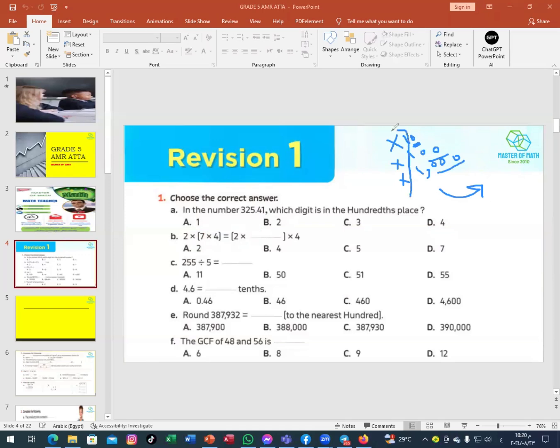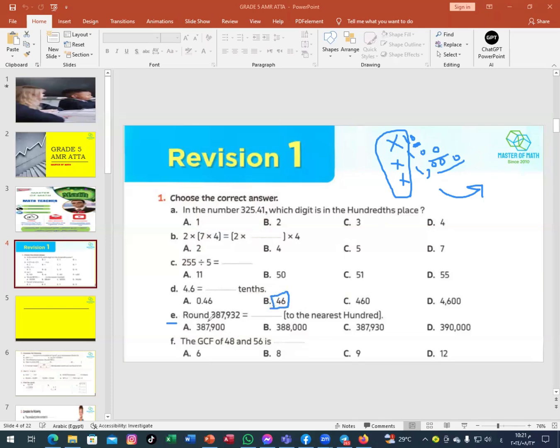This is multiplication. But in division, the decimal moves to the left, according to the zeros: 1 zero, 1 step, 2 zeros, 2 steps, 3 zeros, 3 steps. So here the right answer is 46.